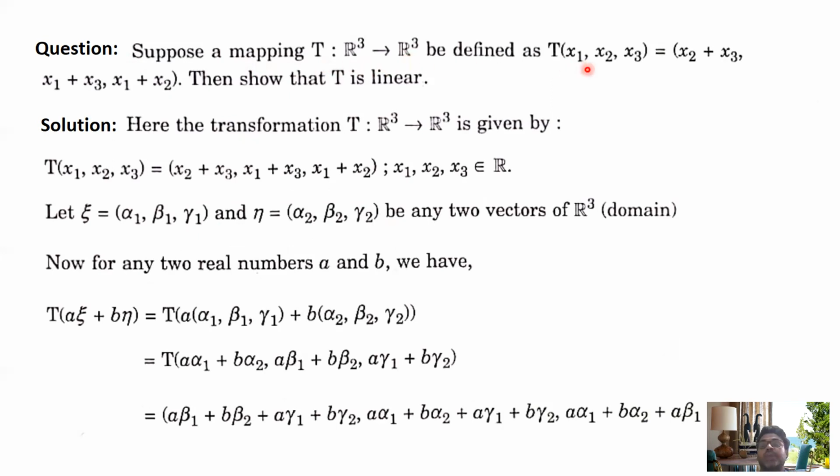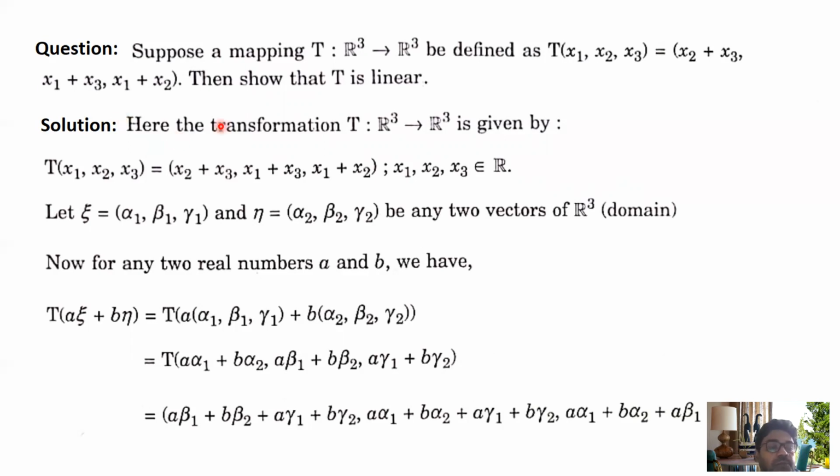T(x1, x2, x3) is equal to (x2 plus x3, x1 plus x3, x1 plus x2). Then show that T is a linear mapping or linear transformation, whatever. So here try to understand the same logic. We want to apply the next condition, that is T(a alpha + b beta).